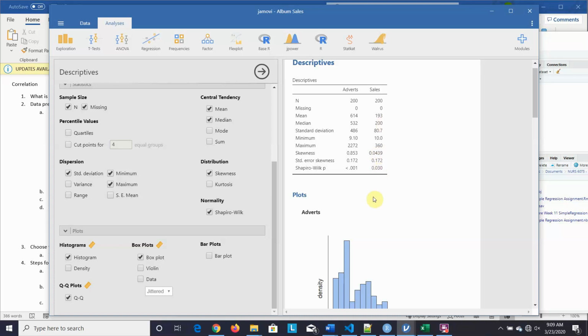We do have a large sample size that impacts that. I will look at those, but I rely on skewness divided by standard error of the skewness being less than 2 as my judgment for when I really get concerned about my normality assumption. So sales doesn't have such an issue, but adverts does, but we have a large sample size, so we're okay to continue on.